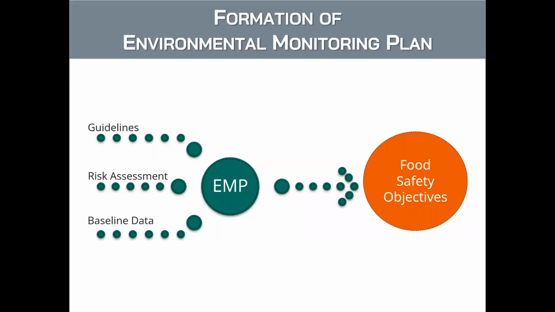The correct way to develop an EMP is that you and your team go through the process together. Firstly, learn and understand the government or trade association guidelines so you know the scope and what the relevant factors are.